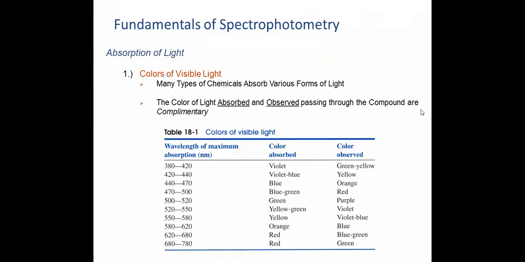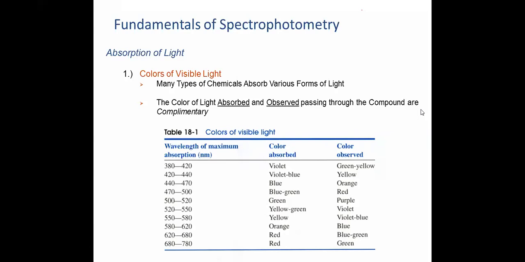Many times in the literature, in the procedure, it is defined that you take the absorption of the particular sample by using a green filter, a violet filter, or a red filter. So these are indications just for the ease of our experimental procedure.